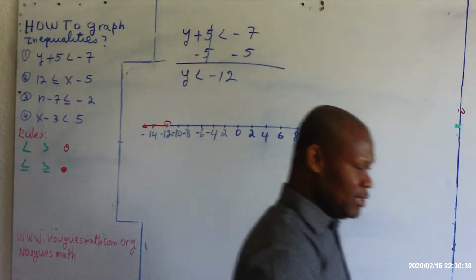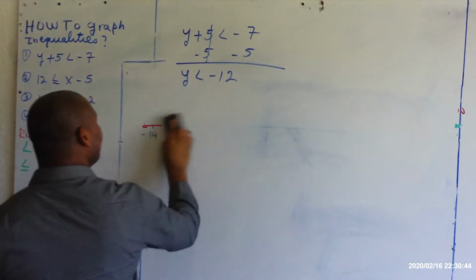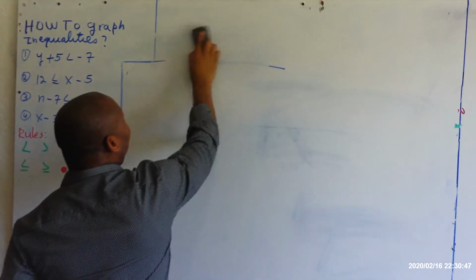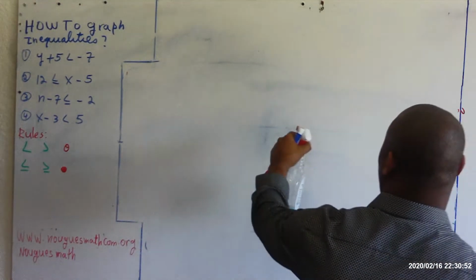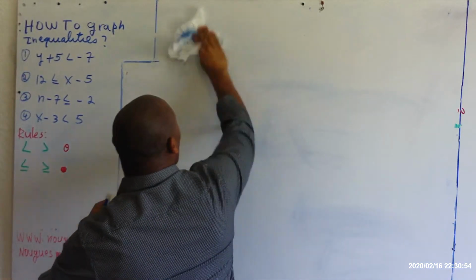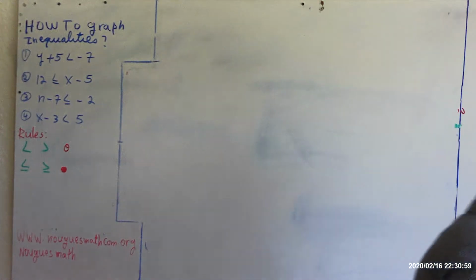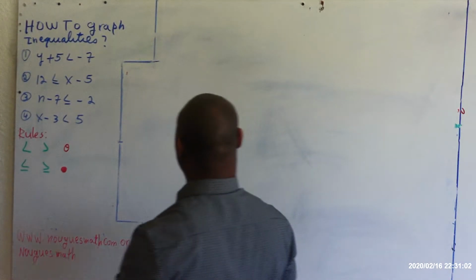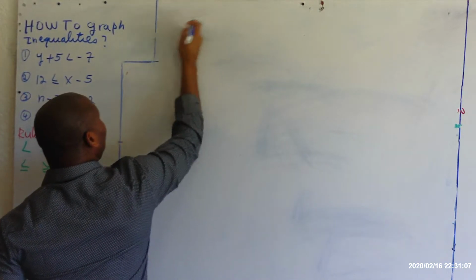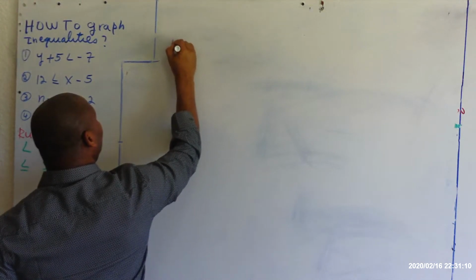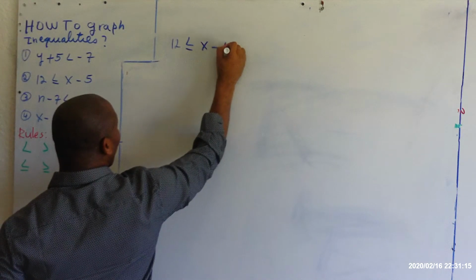Let's do a second exercise. The second exercise we have 12 less than or equal to x minus 5.